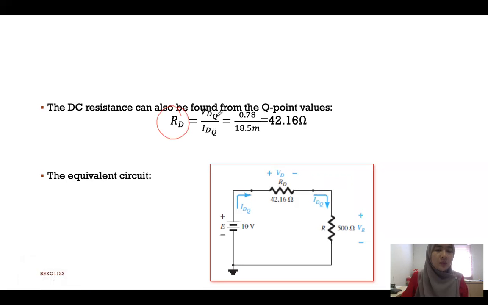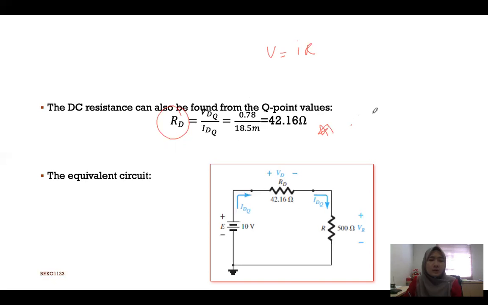In order to calculate the resistance, you must divide VDQ by IDQ, because you know that V equals IR, so R equals V over I. VDQ is 0.78, IDQ is 18.5, and you will get the DC resistance of 42.16 ohm.